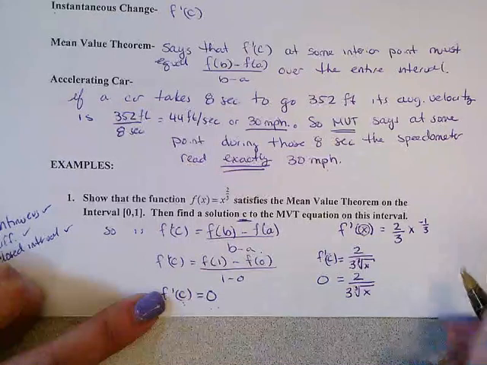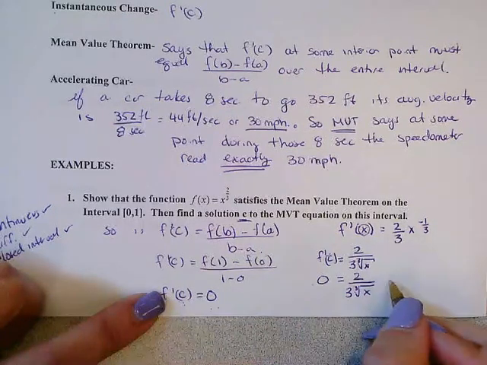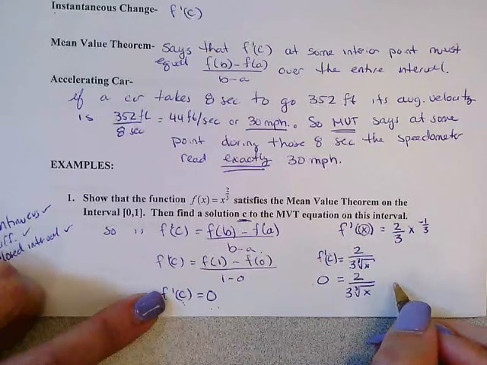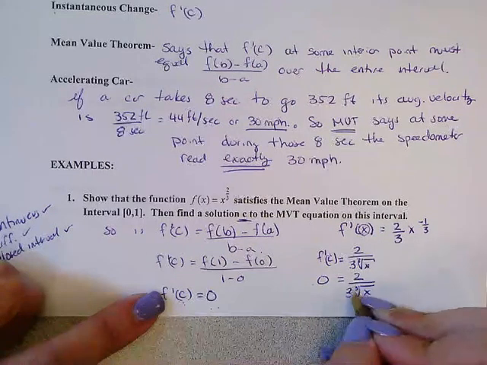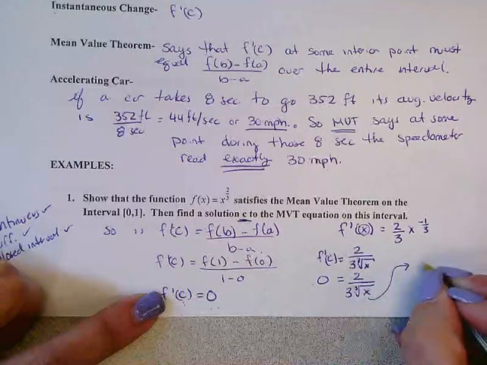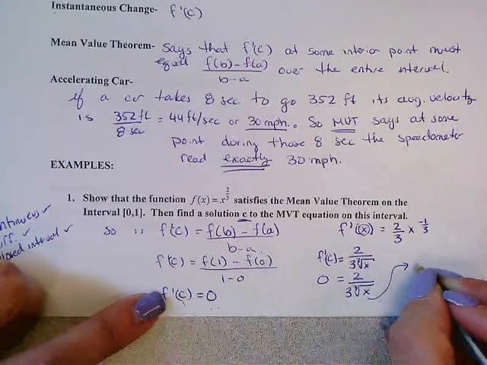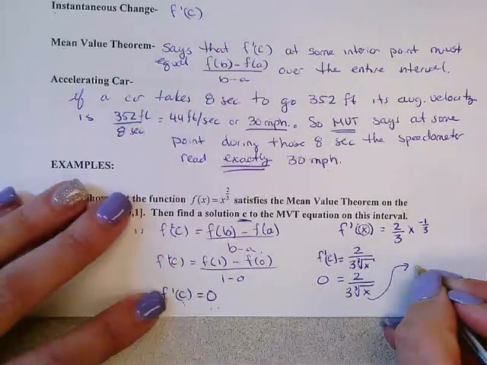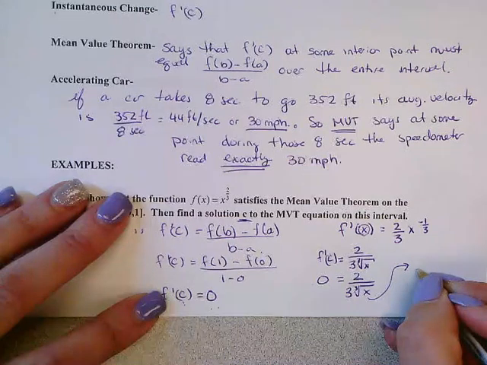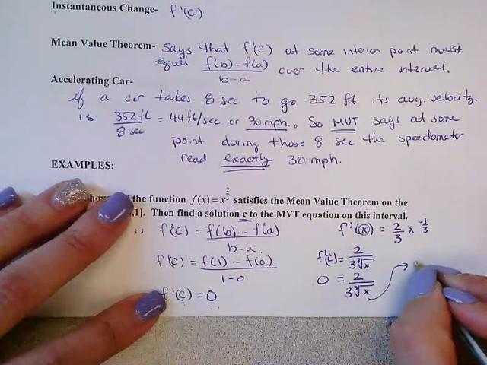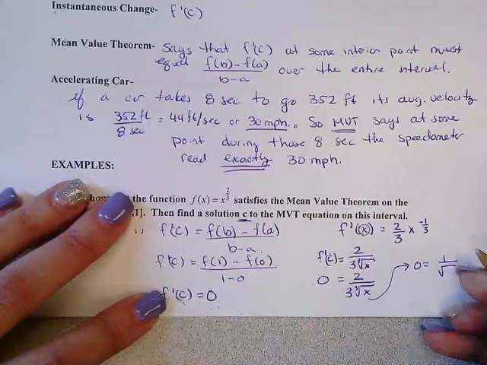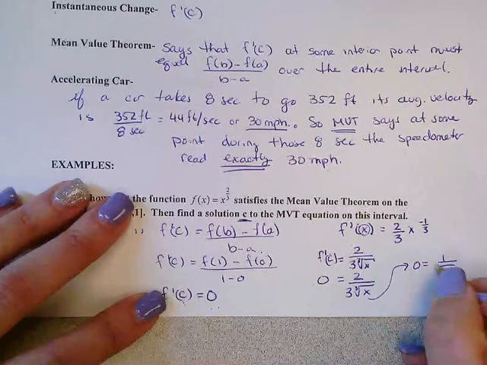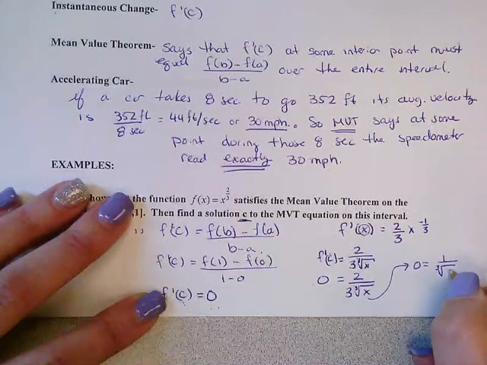And once you solve it, it means multiply both sides by 3/2 to cancel out the 2/3, and you're left with 0 equals 1 over the cube root of c, right?